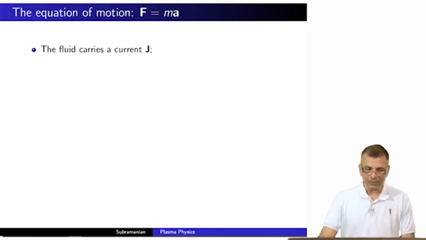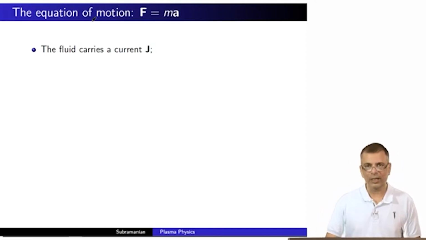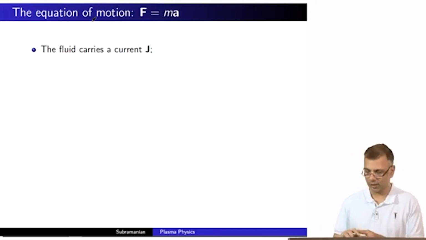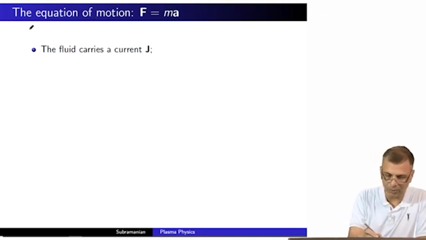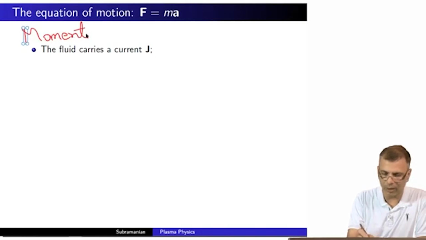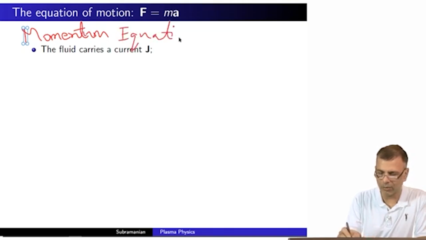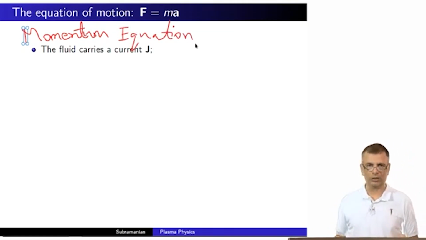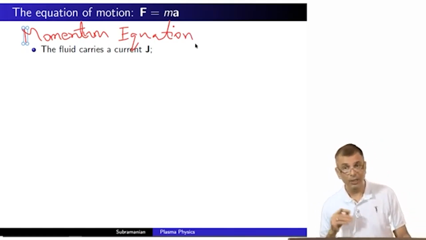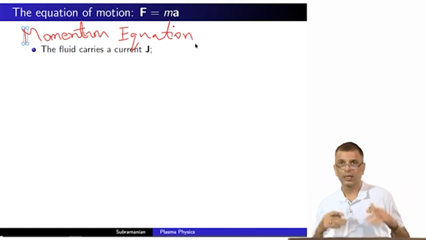So let's now get on to the momentum equation, the equation of motion. As we know, this is the momentum equation. We have spent a fair amount of time talking about the momentum equation in fluid dynamics. You remember the Euler equation and the Navier-Stokes equation, all of them are the momentum equation. Now, how is it altered?